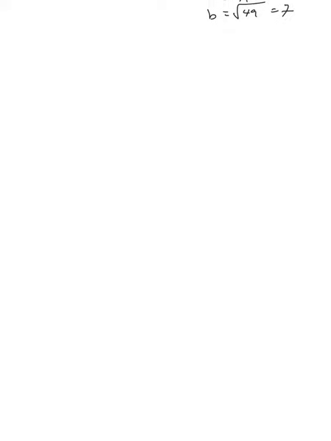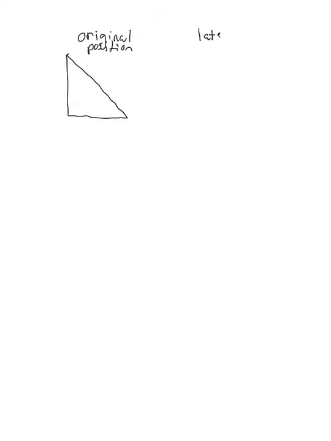So let's just move that out of the way. Okay. So using algebra, we're going to draw a diagram, and we're going to have two triangles. So this is going to be the original position of the ladder, and then we'll just call this the later position after it was moved.